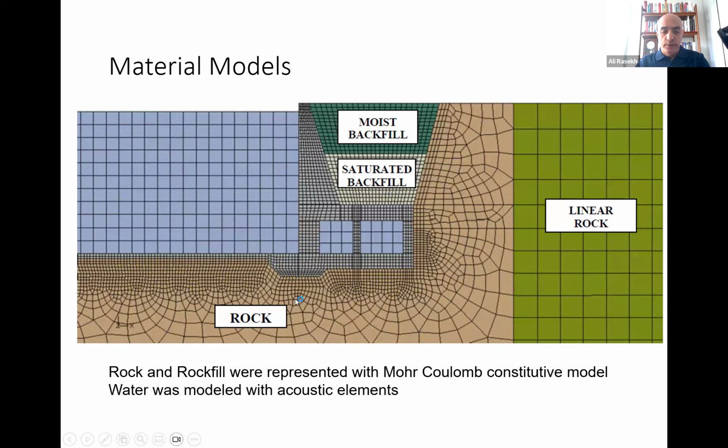So this is a closer rock, a linear rock, and close rock, which might have been nonlinear. Two levels of backfill, one level saturated, full of water, the other level with no water. The structure which we are designing and the representation of the water.